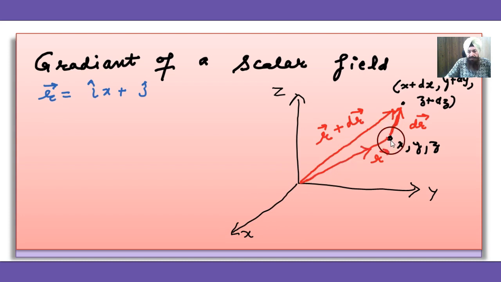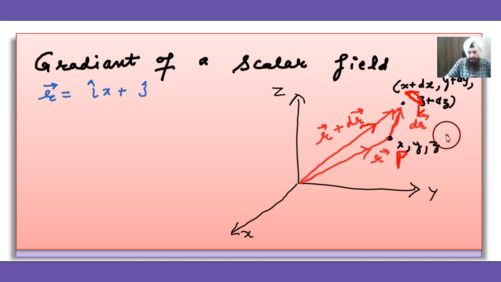We have two points, point P and point Q. Point P has position vector r vector. P to Q is a small displacement dr vector. Then by the triangle law, this vector becomes the sum of these two vectors, so the vector to Q becomes r vector plus dr vector.